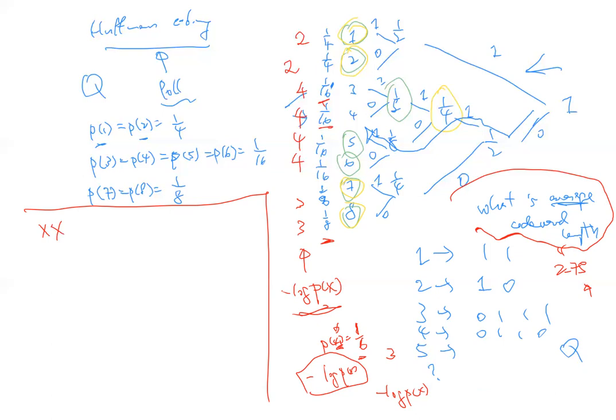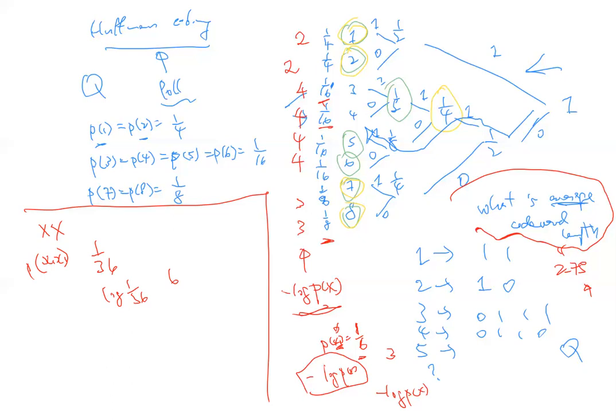So x1 will come out with a probability of 1/36. Actually this is still not too good, because I need log 1/36, which is at least 6 bits. It's not a very good example.